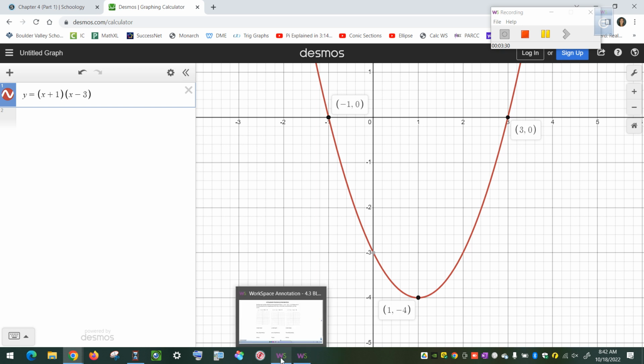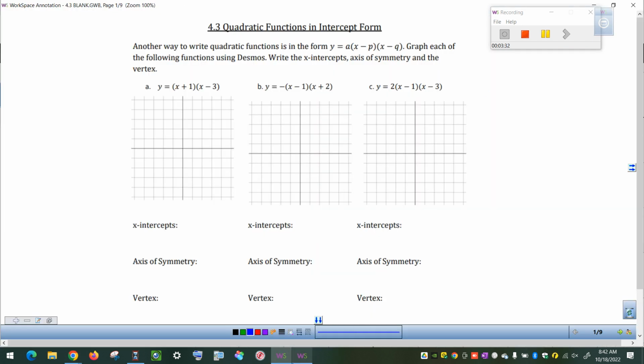So let's go ahead and transfer that onto our paper for this first graph, and you'll notice that we have a few questions across the bottom here that we can also answer. We can notice here that we had x-intercepts at -1 and 3. And those are some features that can help us when it comes to constructing our graph.